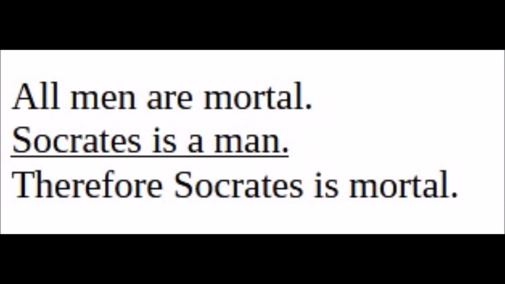The term appearing in the 2 premises is the middle term. The syllogism in standard form is arranged with the major premise first, which contains the predicate term of the conclusion.